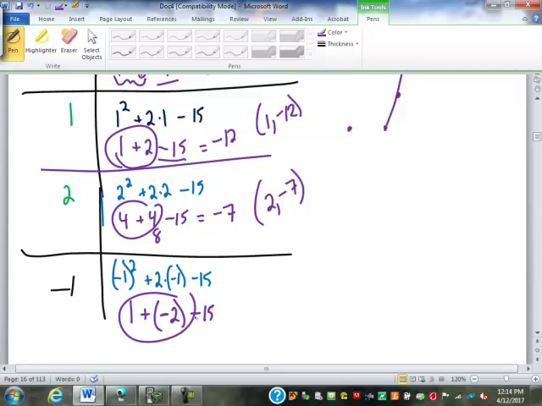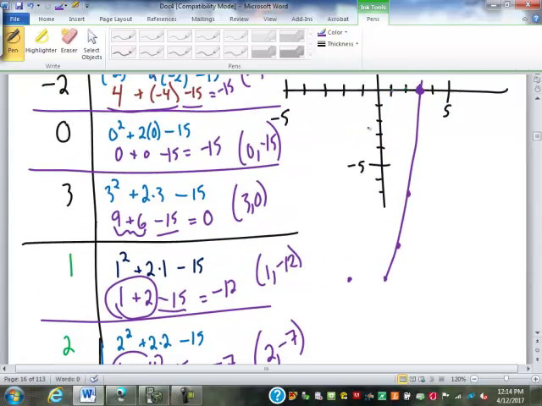What is 1 plus negative 2? Negative 1, minus 15 is negative 16. So we get negative 1, negative 16. That didn't go down too much further. Here's negative 1. This was negative 15 here, so negative 16 is somewhere in there. So it looks like it might hit that point and curve back up.